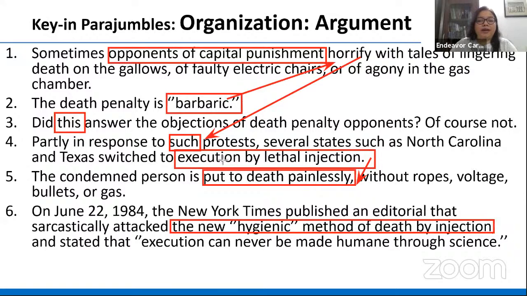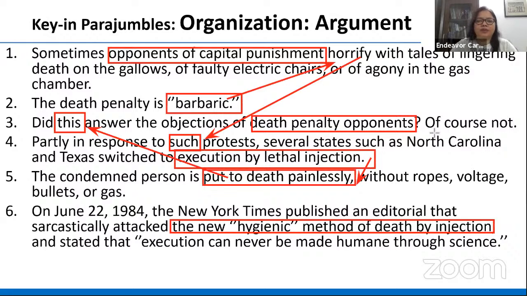Now comes, so there is death by lethal injection that people have come up with, because you were always criticizing that death doesn't happen instantly, it's painful, etc. Did this answer the objection of the death penalty opponents? So people came up with a new method of killing. Did this new, painless method of killing answer the objections of the death penalty opponents? Of course not, is what the same sentence says.